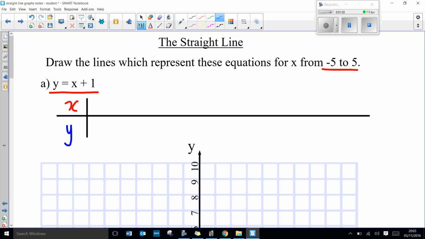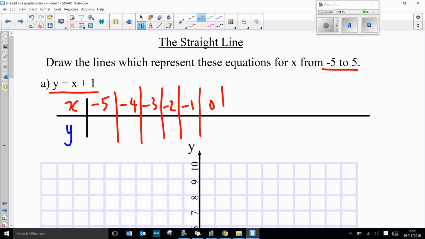So the first thing we do in our table is choose values from -5 up to 5. What do we then do with these values?